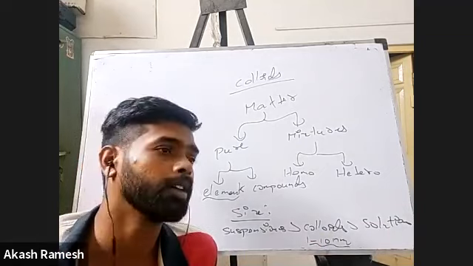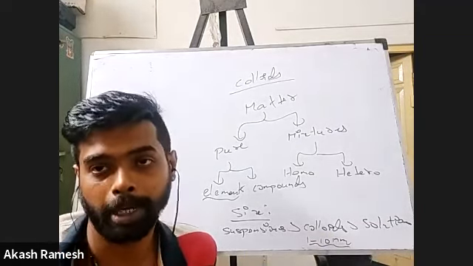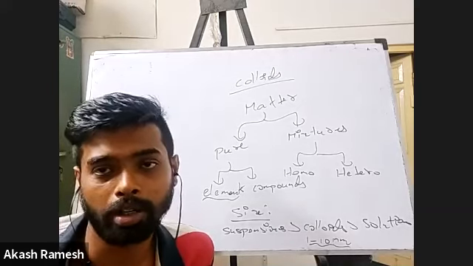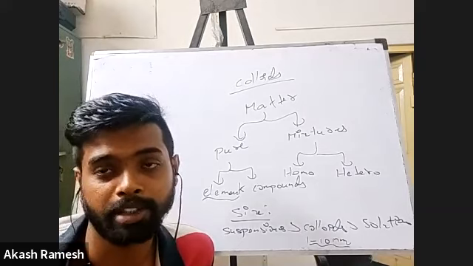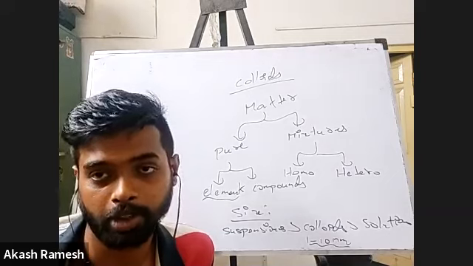So what are colloids made up of is the next question, right? As I told you, it is similar in some ways to true solutions. Just like you have solute and solvent, here I'm going to have dispersed phase and dispersed medium.